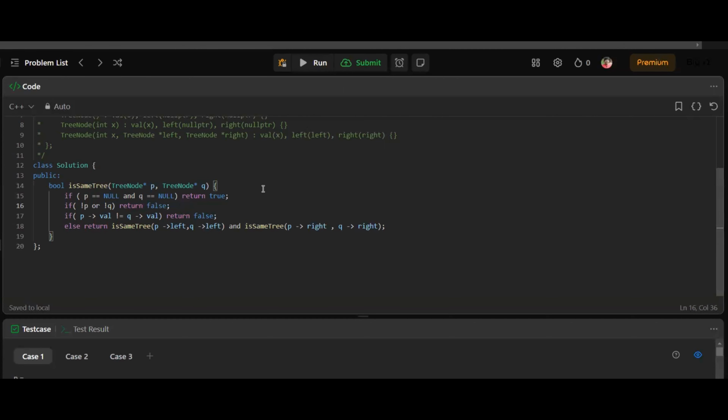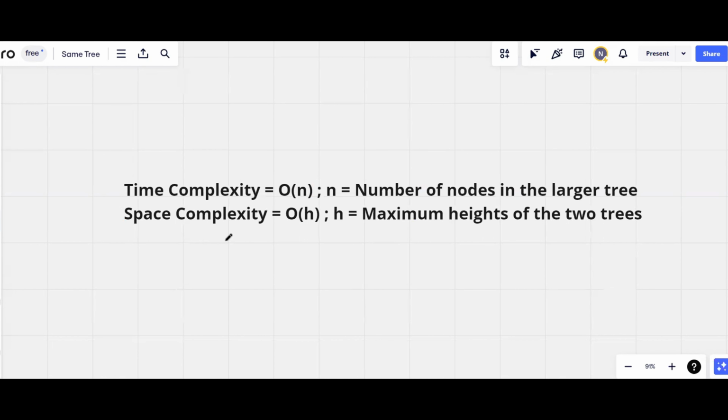Now, let us understand the time and space complexity of this program. Here, the time complexity of this program is big O of n, where n is the number of nodes in the larger tree, because the function is a recursive function, and in the worst case, we have to visit all of the n nodes in the larger tree.